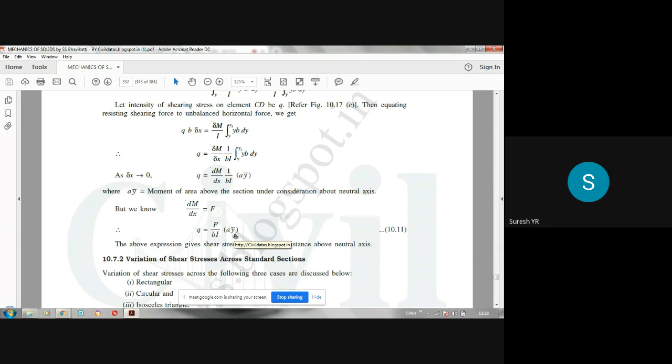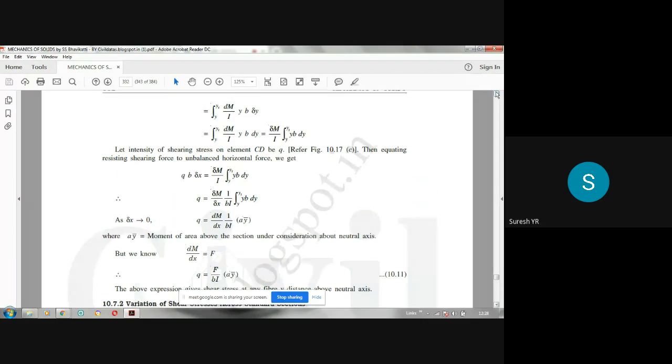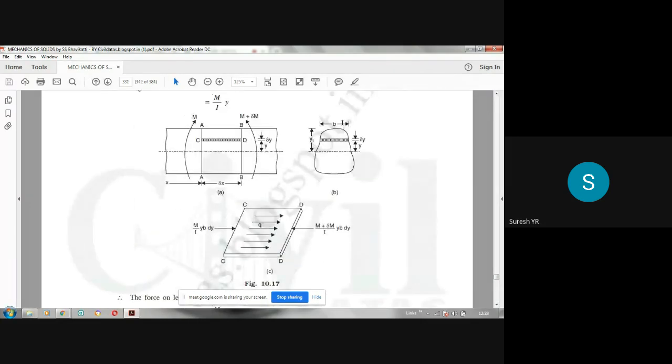Now let us see how the variation of the shear stress across a standard section can be plotted. See here, the section shown is an irregular section, because this section can be a triangle, rectangle, square, circular, I section or T section, it can be anything.